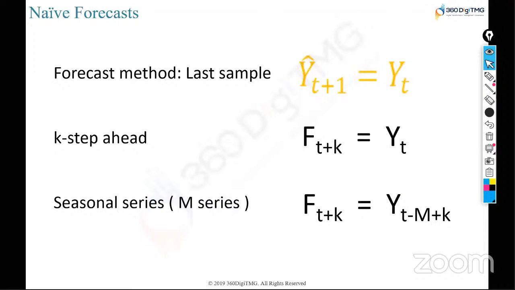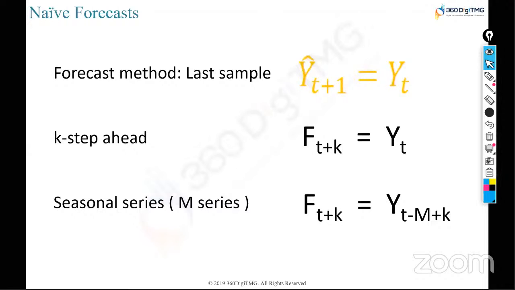October plus November, December, January, so plus 3 is going to be January. So October minus 12 plus 3 is going to be the number of people who registered in January last year, or January 2020. Is it clear?